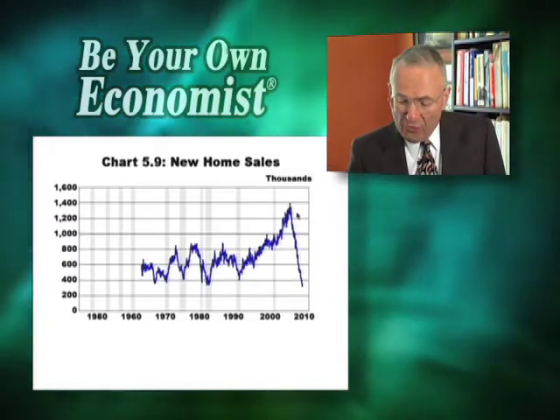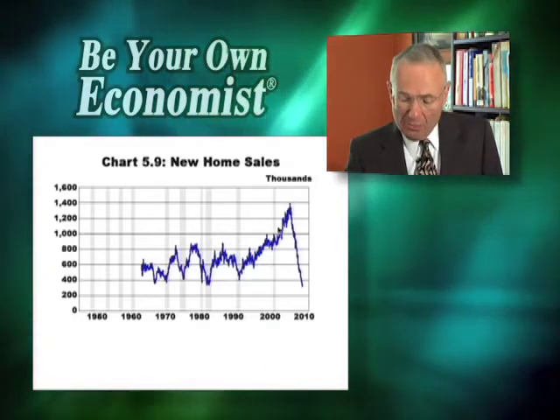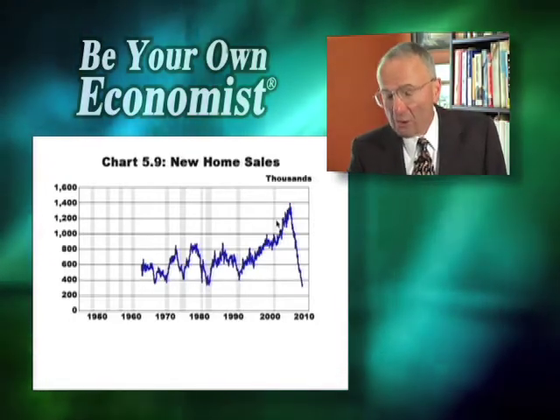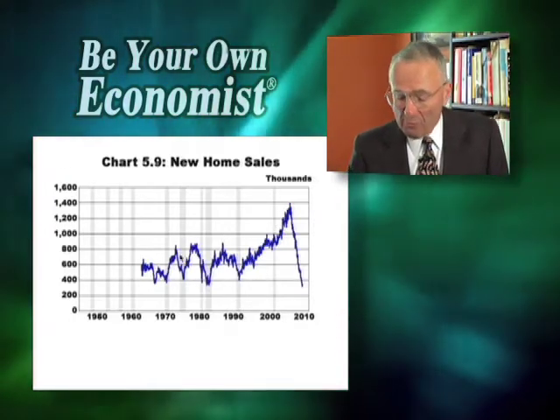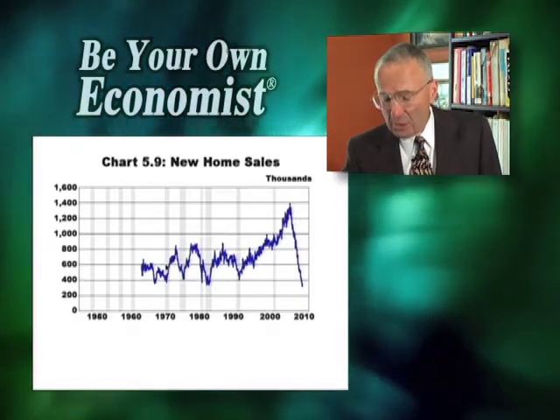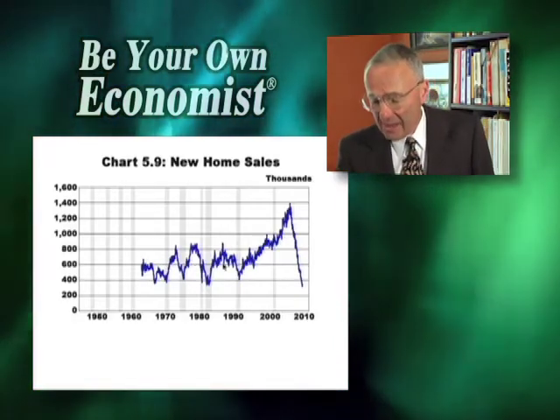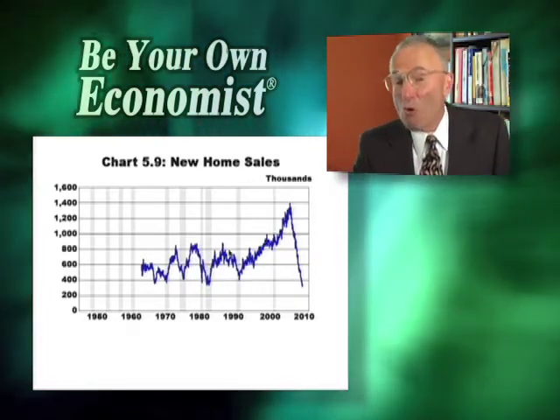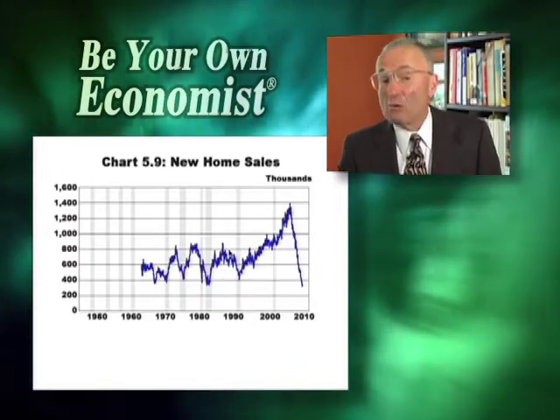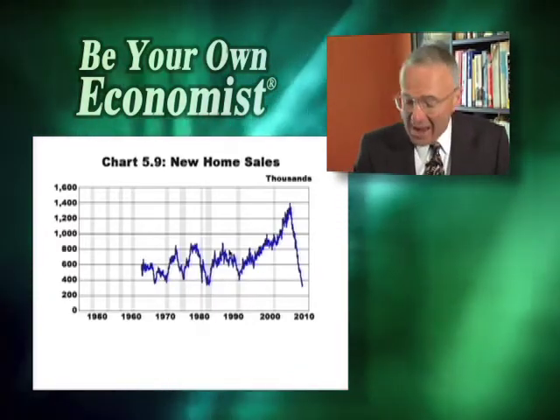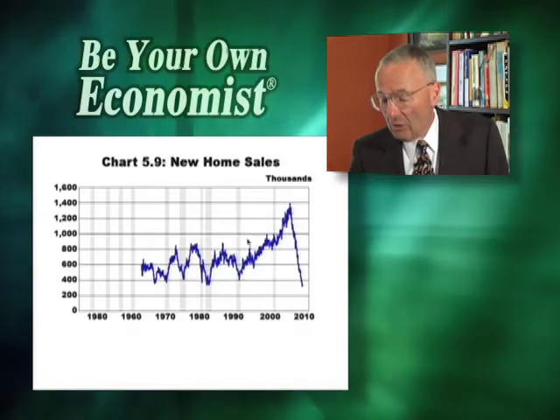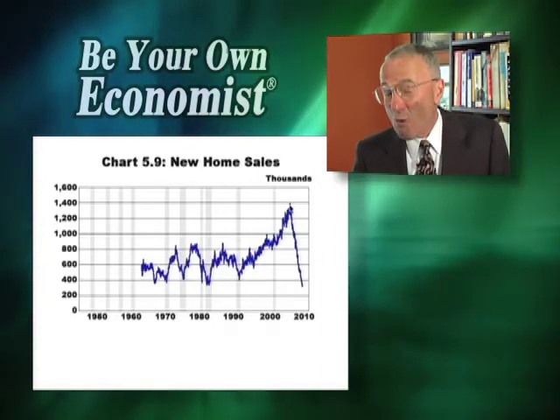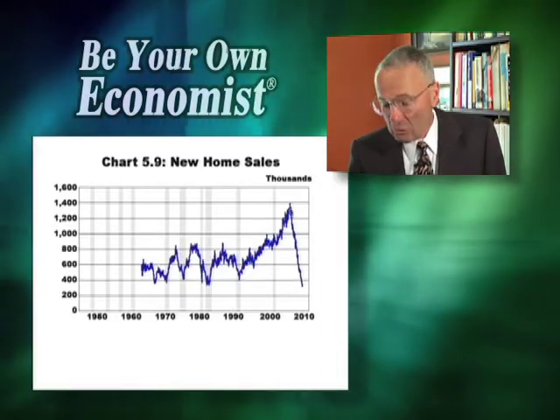If you focus on that upswing, you'll see that the recent housing boom was much, much stronger than any housing boom we've had before. Look at the housing booms of the 1970s, 1980s, 1990s. Oh, they got up to about 800,000 new homes sold. So at the peak of those economic expansions, maybe we had 800,000 new homes sold. Look what happened in the recent housing boom. Much higher number, 1.4 million, 1,400,000 homes sold.